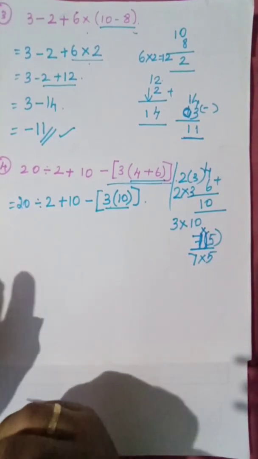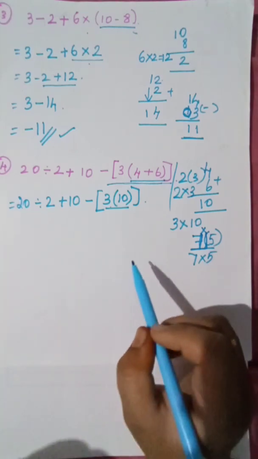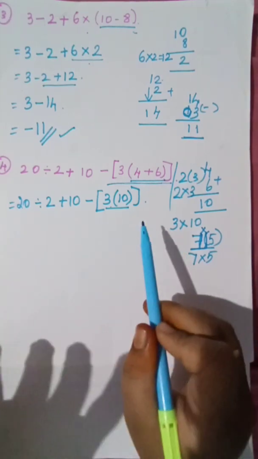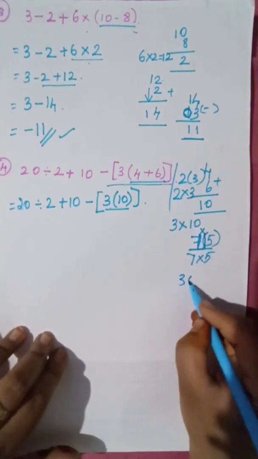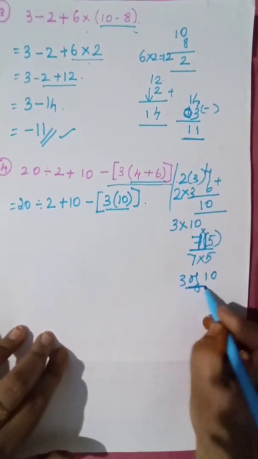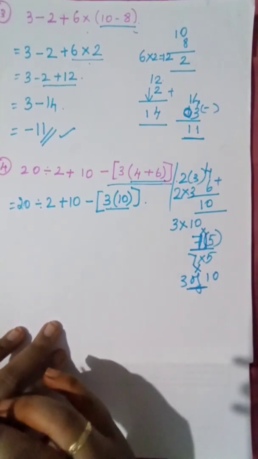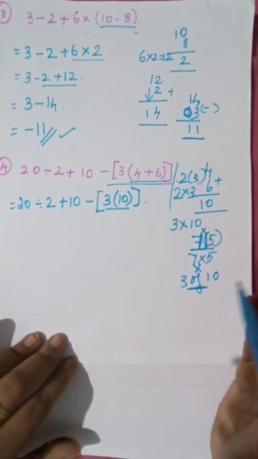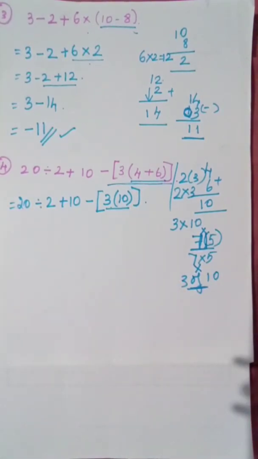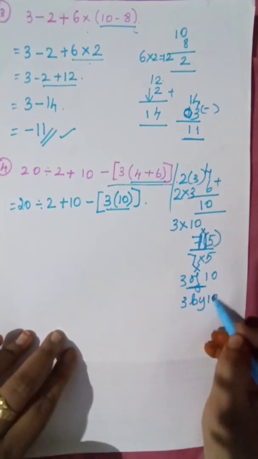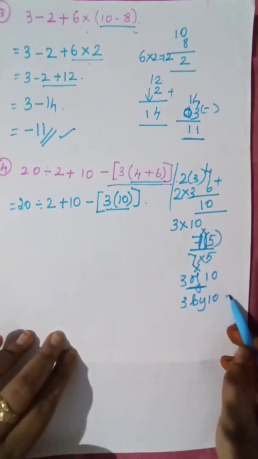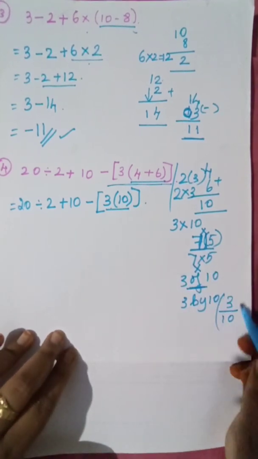Clear? Okay? How should we spell it? We should say 3 of 10. What? 3 of 10. That of means multiplication symbol. Clear? And another thing we can see afterwards, that is 3 by 10. So 3 by 10 means division.